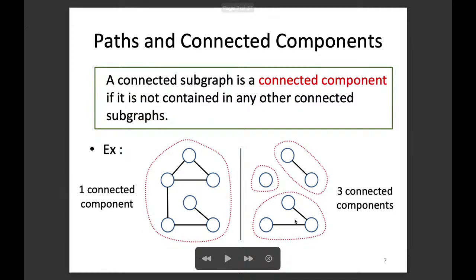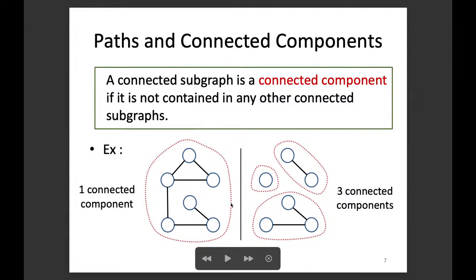And then we can also talk about what is meant by a connected component. A connected subgraph inside the graph is called a connected component. But when we talk about a connected subgraph, we want the maximal one. So we will not just pick these 5 vertices and call them a connected component.